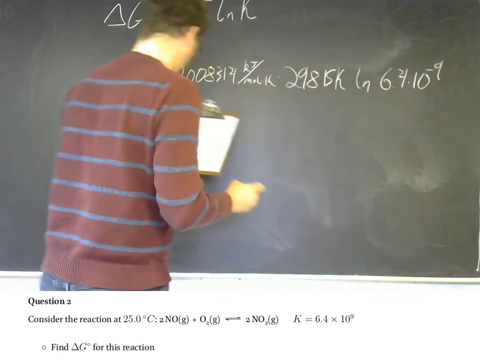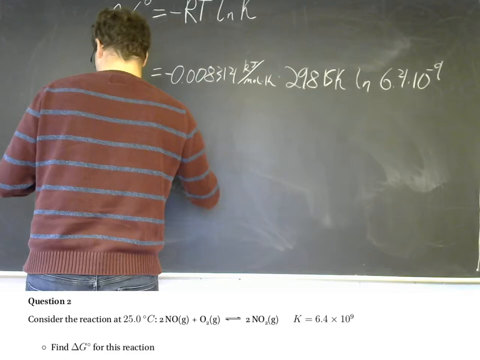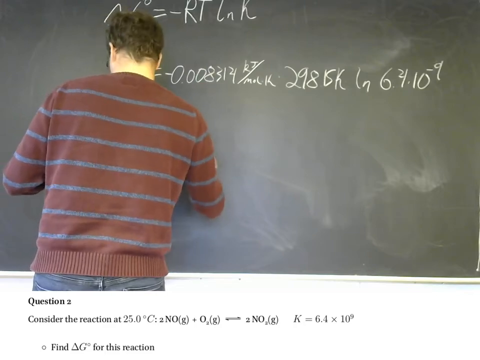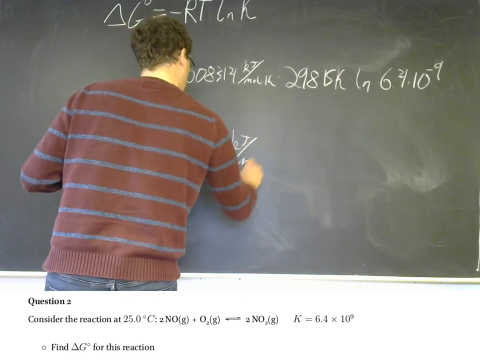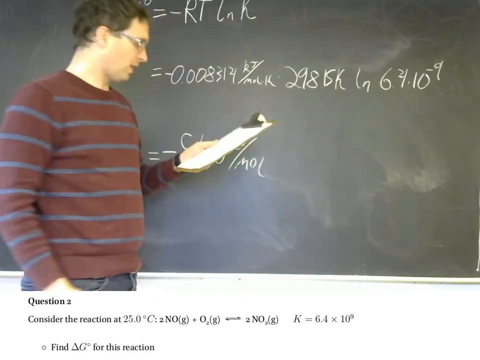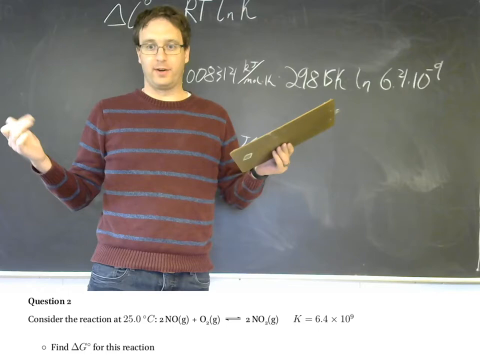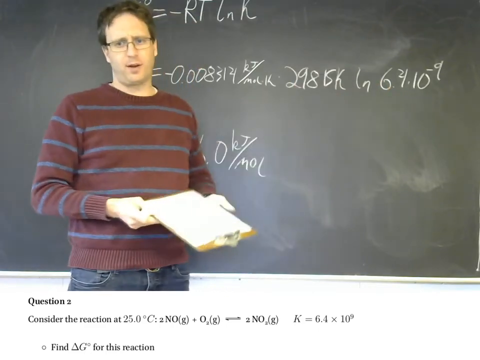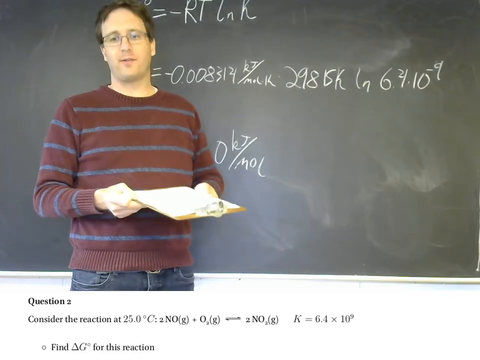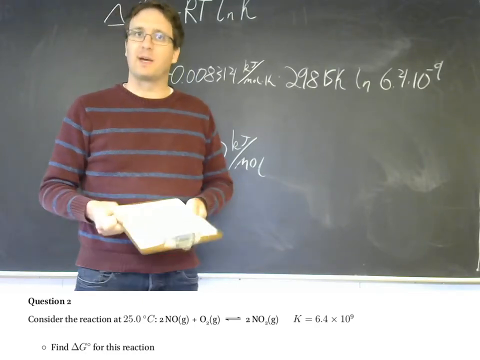And that's all going to equal, in the end, negative 56.0 kilojoules per mole. Here we have a very large equilibrium constant. It's a very highly product-favored reaction, and so we would expect delta G naught to be negative.